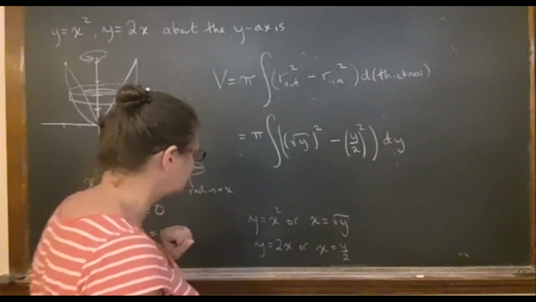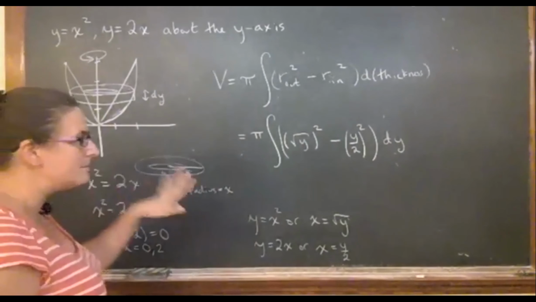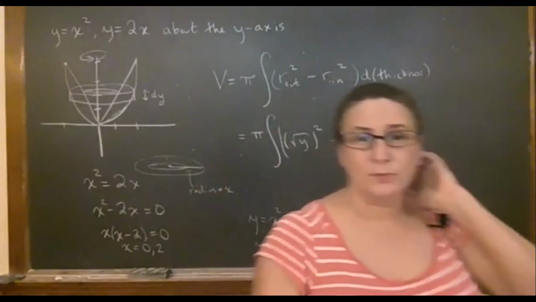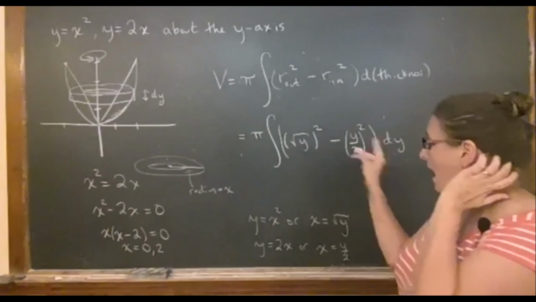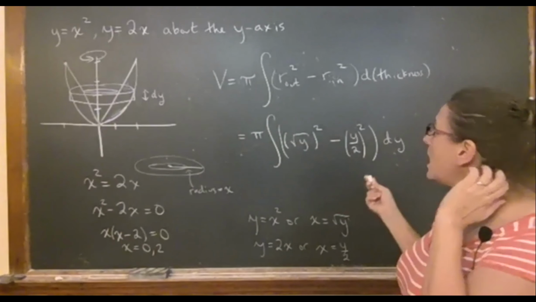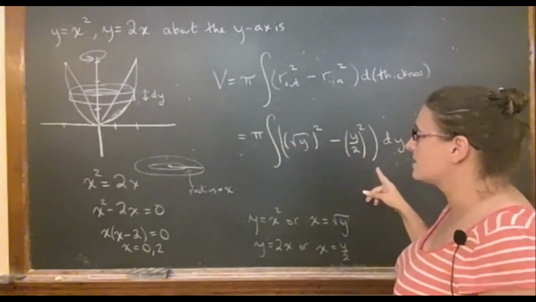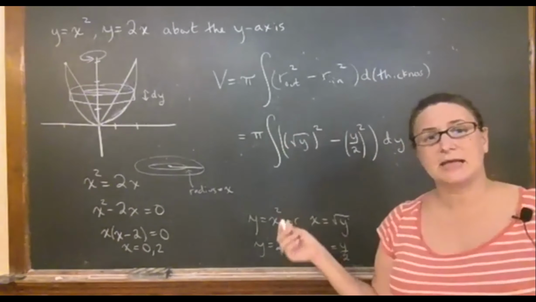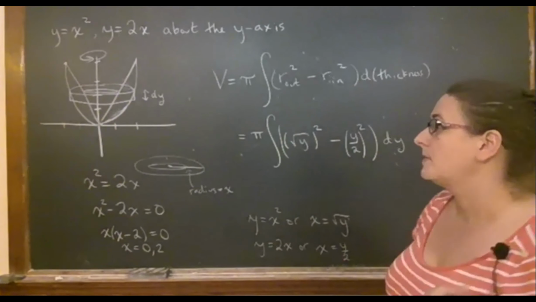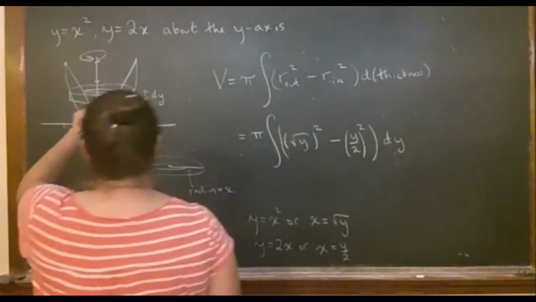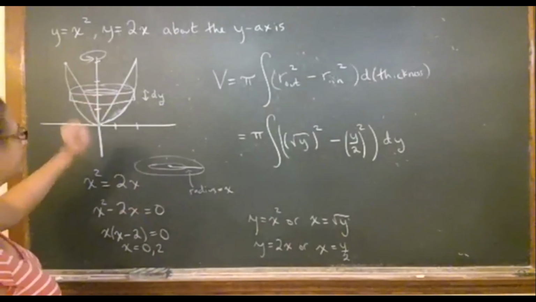Remember, the reason I'm changing it to y is because I am integrating with respect to y, so I need all these functions written as x in terms of y, because the radius here is the distance x.